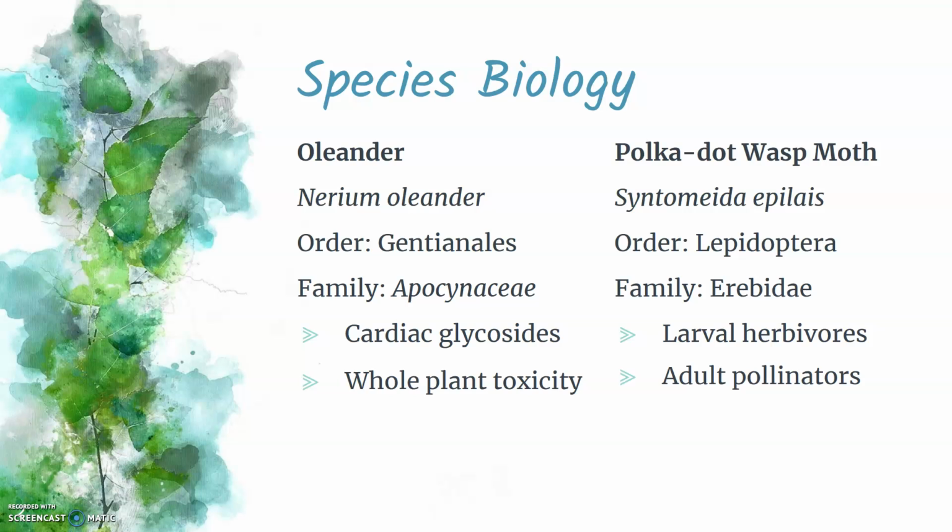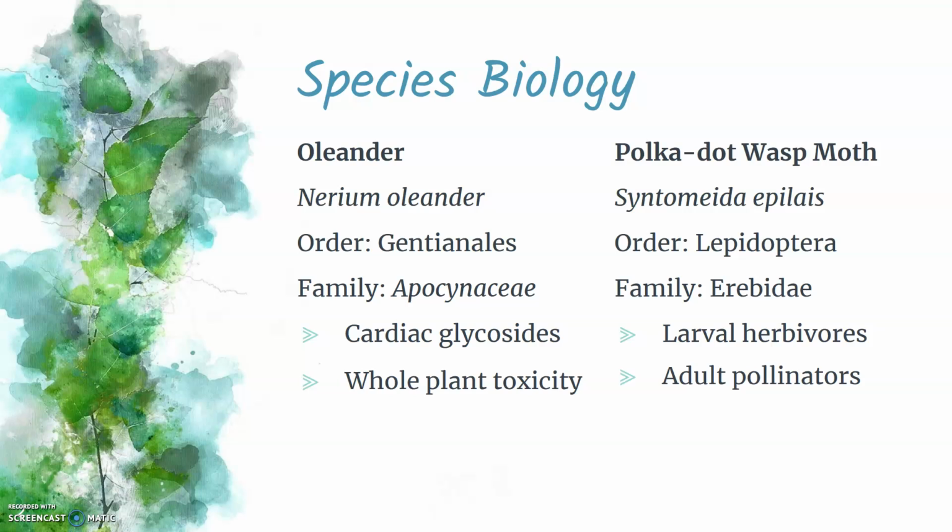These chemicals are found in the entire oleander plant in very high quantities, and even as little as one single leaf can produce pretty severe and even deadly consequences for children. So they're definitely something to watch out for.